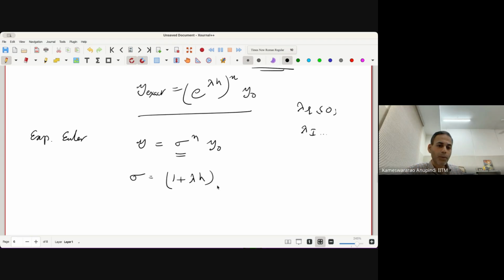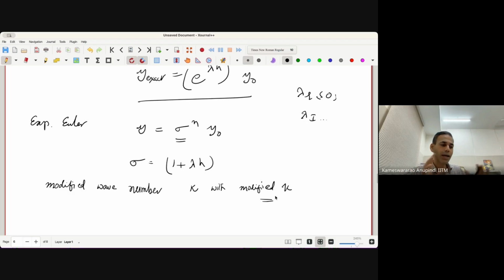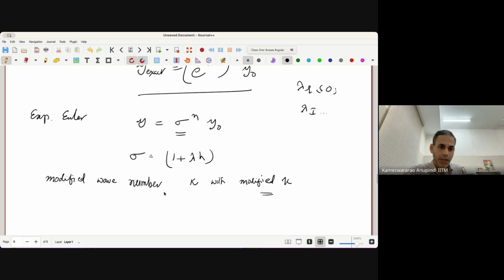Now, if you go back to the previous classes, we have compared, in the context of modified wave number, the k with modified k, or k prime, we called it. And then we said, okay, the solution is not accurate in this region and it is accurate in the other region and so on, right? So essentially, we can comment on the accuracy.